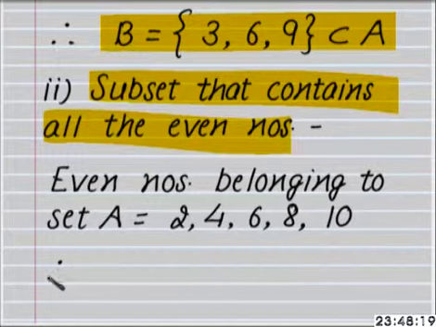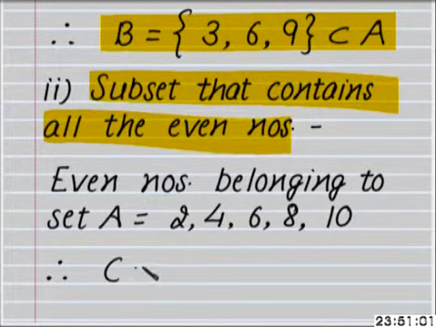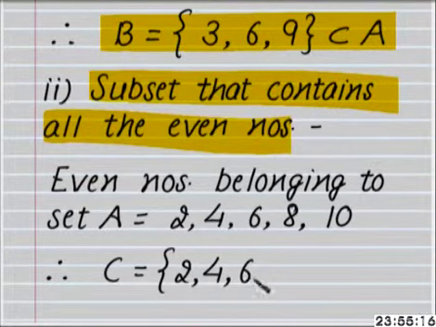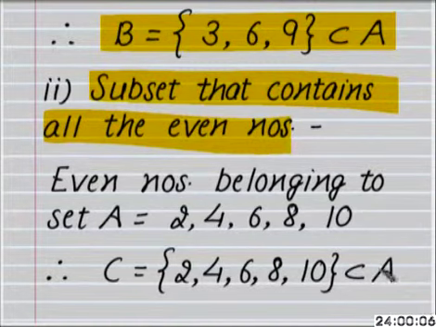So therefore let it be a set C, which is containing elements 2, 4, 6, 8 and 10, will be a subset of set A.